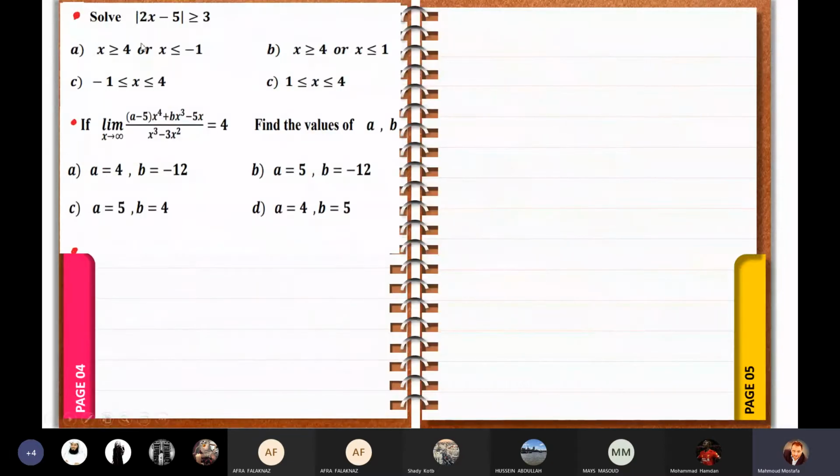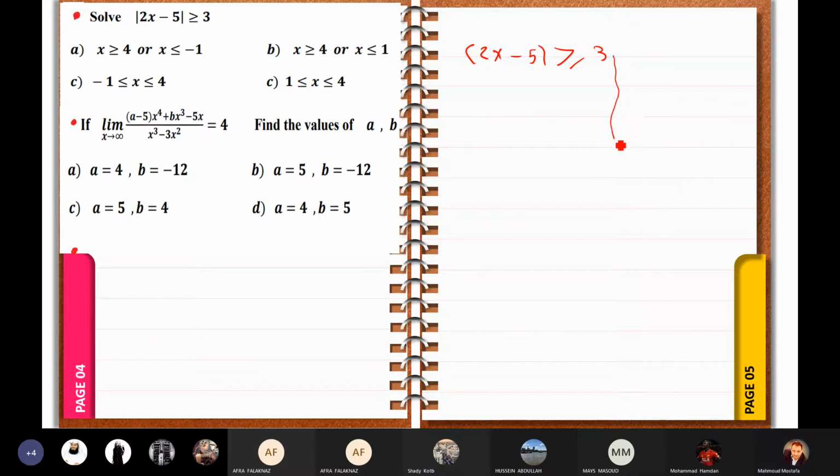Okay. Solve this inequality. It has absolute value, so absolute value conditions: when it is greater than 0 or when it is less than 0. Here we have greater than or equal to 3. To solve this one, we will put 2x minus 5. If this one is positive, it will be greater than or equal to 3, as it is.